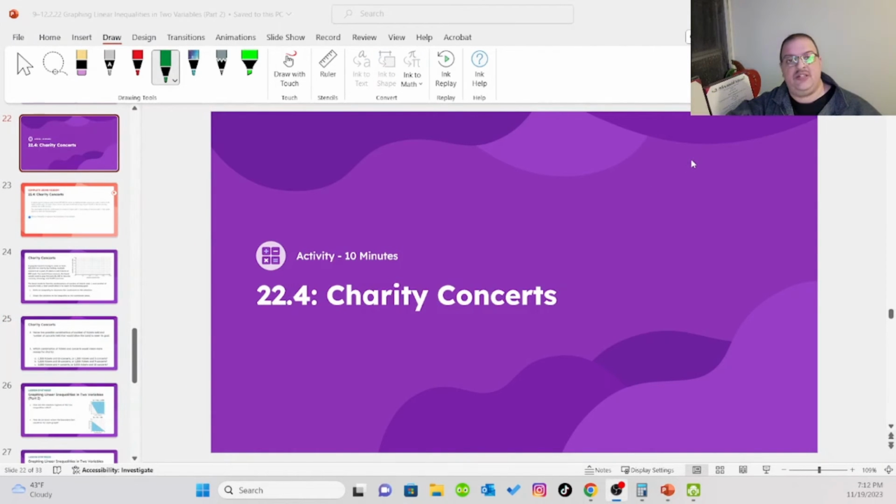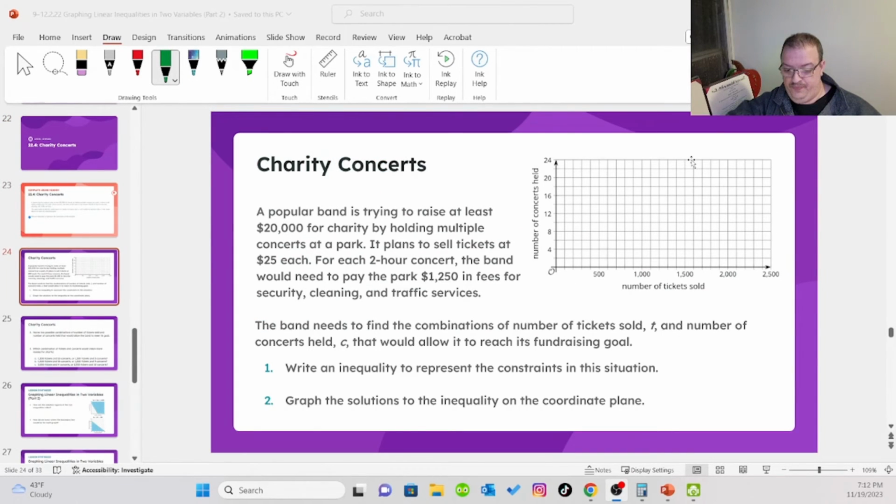So our next activity is 22.4, titled Charity Concerts. A popular band is trying to raise at least $20,000 for charity by holding multiple concerts at a park. It plans to sell tickets at $25 each.